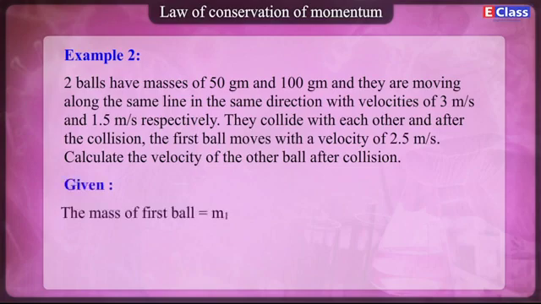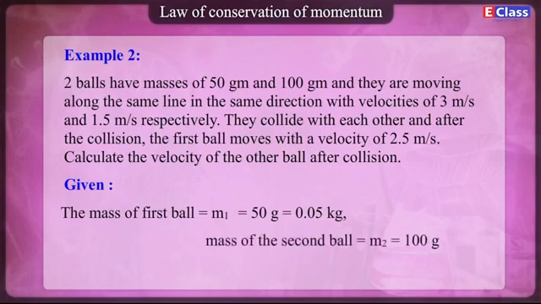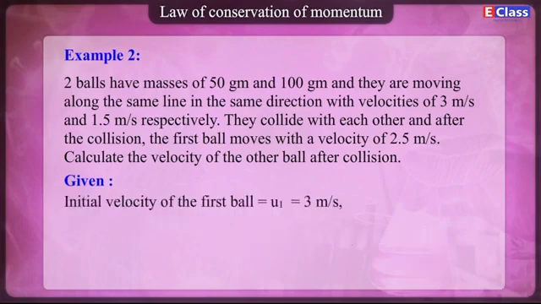Given, the mass of the first ball is equal to m1, which is equal to 50 grams, which is equal to 0.05 kilograms. Mass of the second ball is equal to m2, which is equal to 100 grams, which is equal to 0.1 kilograms. Initial velocity of the first ball is equal to u1, which is equal to 3 meters per second.